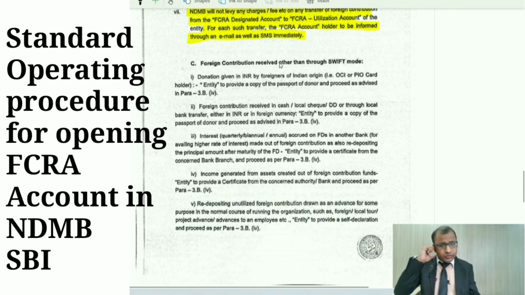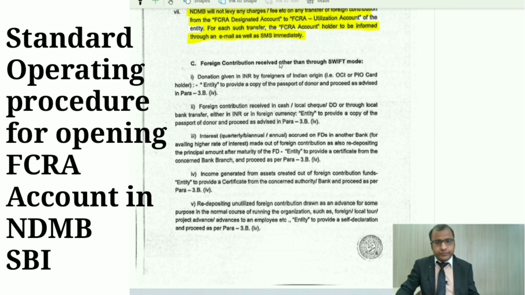Now, in case of those donations which are not directly coming in from foreign or through SWIFT mode, what SOPs have been released? Let's discuss that. For a donation given in INR by foreigners of Indian origin, the entities have to provide a copy of the passport of the donor along with the undertaking for the purpose of the receipt and FEMA declaration.